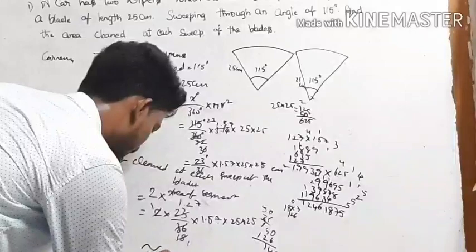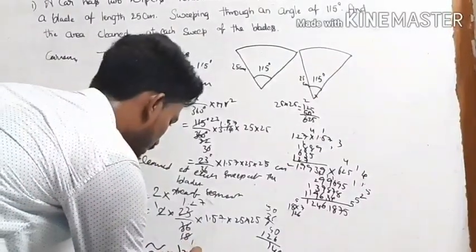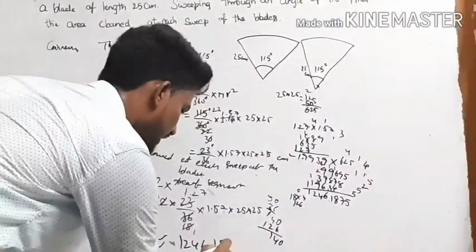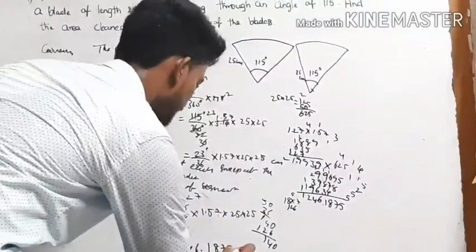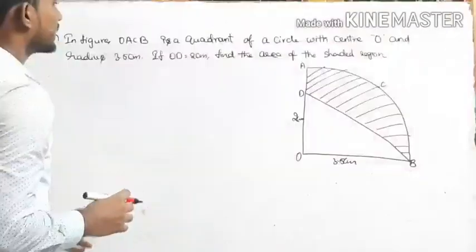Approximately it will be 1246.1875 is the answer. This is in centimeter square.